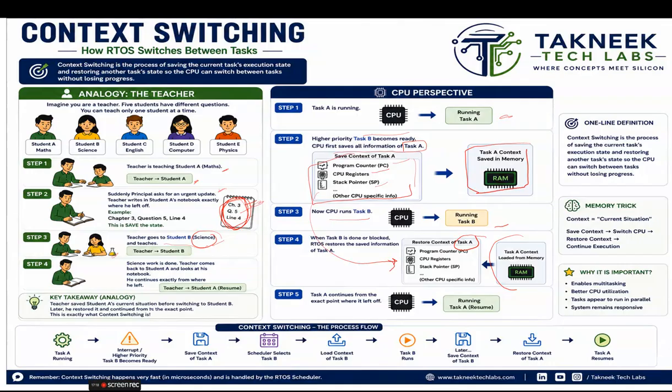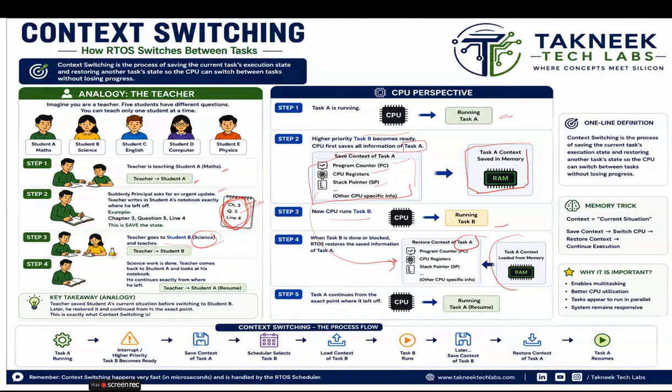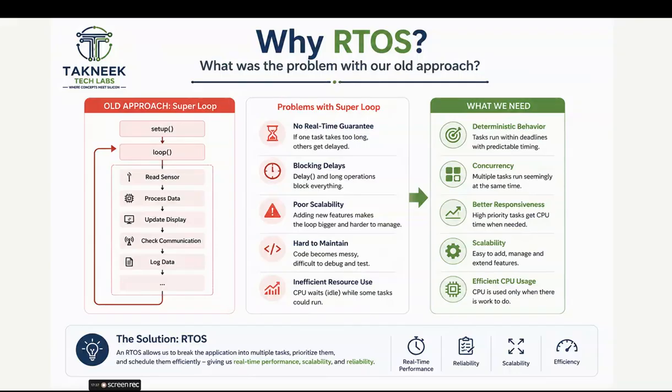So this is called context switching, and this is how multitasking can be achieved on a single core, because every task cannot complete its operation in that particular time frame. Sometimes it takes longer. So that's how we save the context, and that's why it's called context switching. Okay.